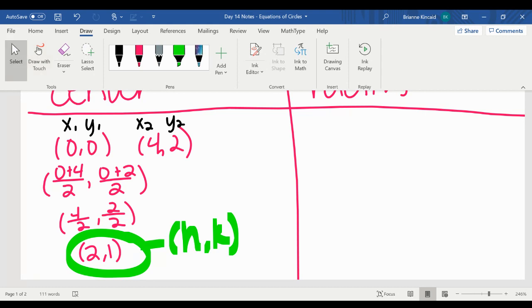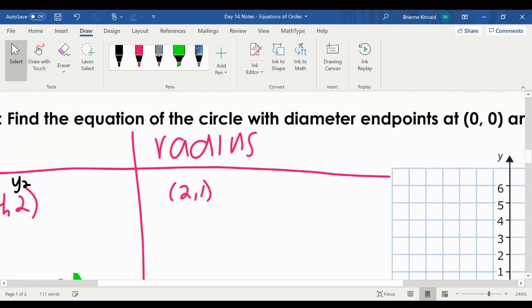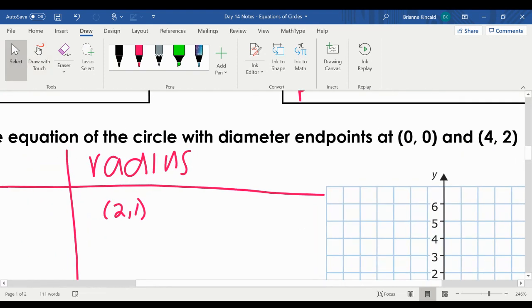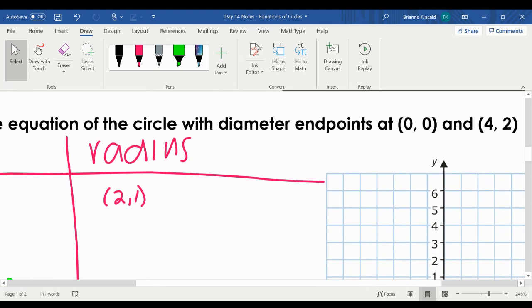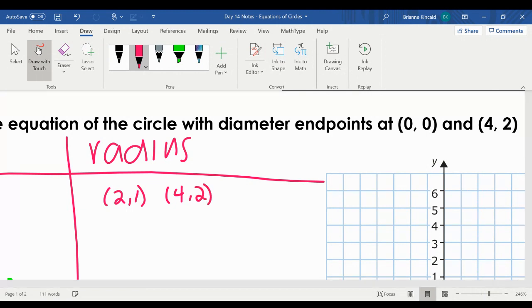Now to find the radius, you have to use the center point. You have to use the point that we just found. After that, it is totally up to you whether you want to use (0, 0) or (4, 2). I'm going to use (4, 2) because I don't want to work with negative numbers.